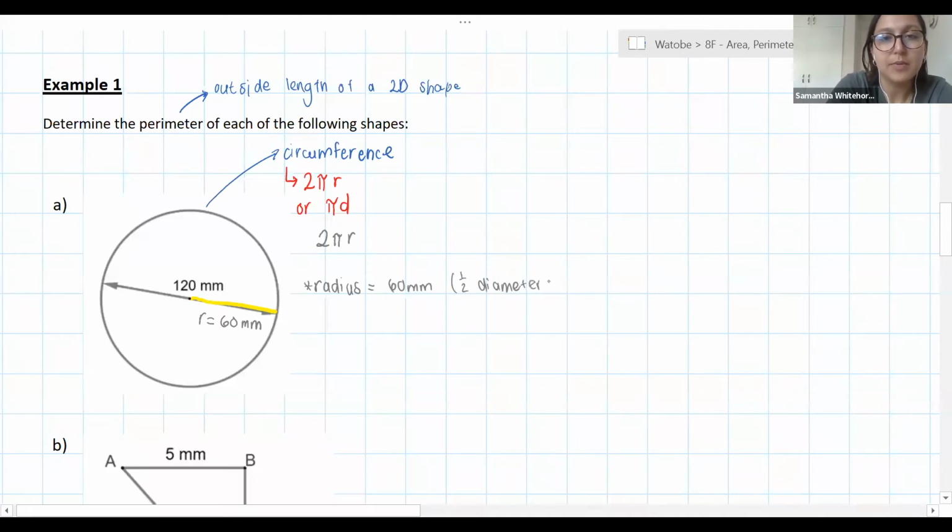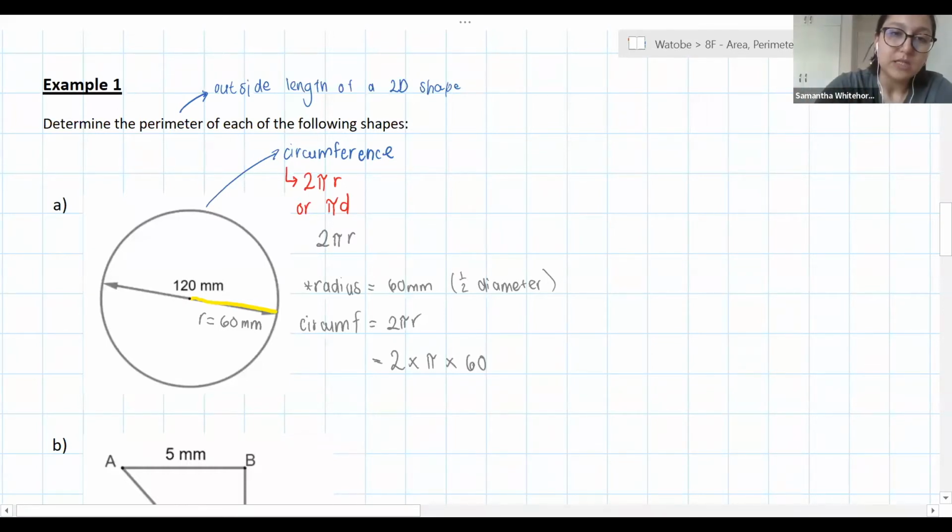Now, because we know what our radius is, we can work out the circumference. This would be equal to 2 pi times the radius. Now that we know what the radius is, we can substitute that in. So we've got 2 times pi times 60.